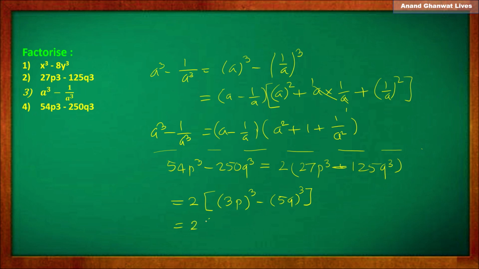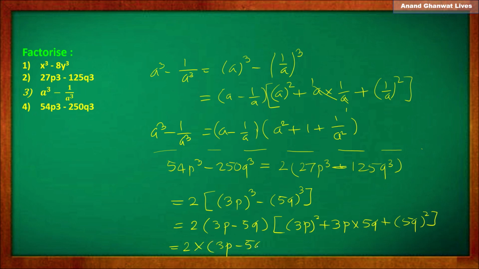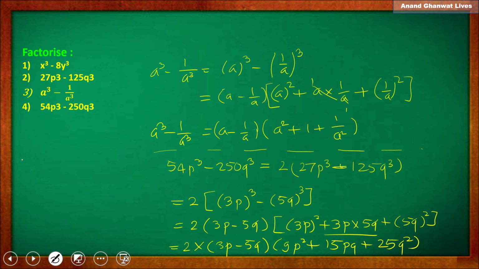So 2 into bracket 3p minus 5q into another bracket square of 3p plus 3p into 5q and plus square of 5q. It is equal to 2 into 3p minus 5q into 9p square plus 15pq and plus 25q square. These are the factors of given algebraic expression 54p cube minus 250q cube.